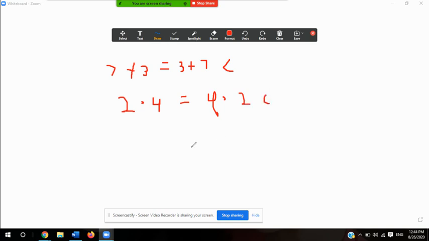The associative property is where you have three or more numbers, although it's not necessarily limited to that.